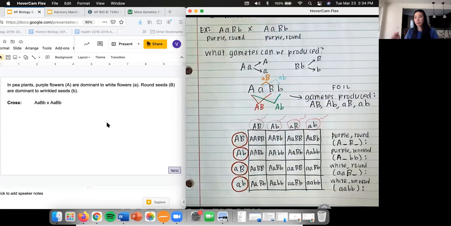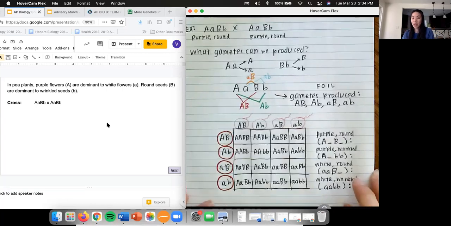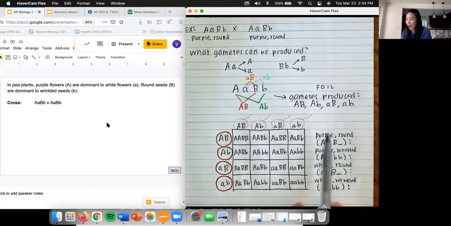Okay, so I filled in this massive Punnett square, and then I included the different phenotypes for the offspring. So notice for the phenotypes, we've got how many of the offspring will be purple and round. So we still have the different combinations of the traits. The notation I used for this is what we learned in class today.